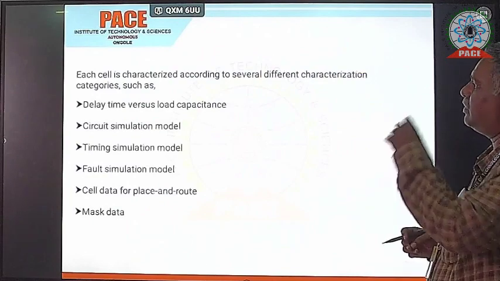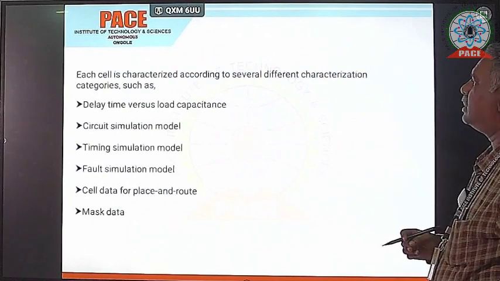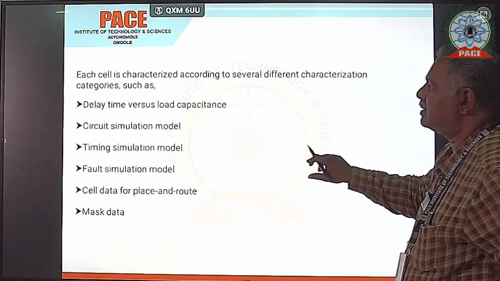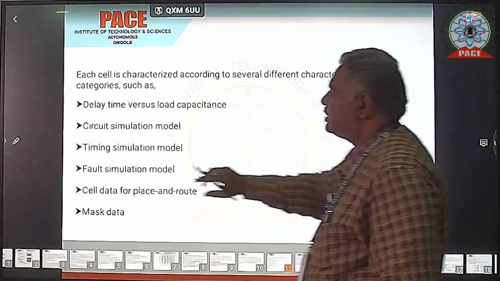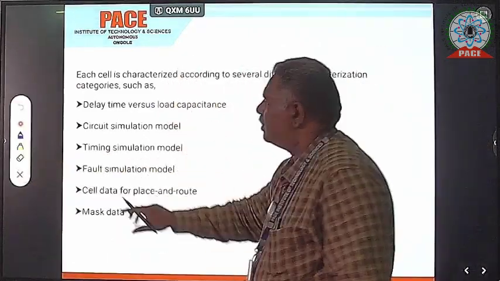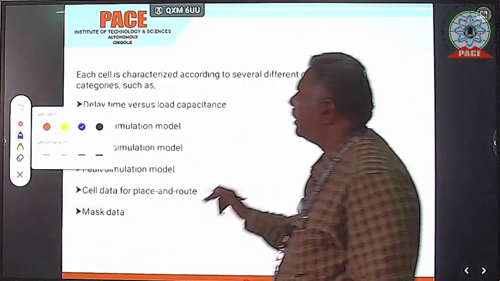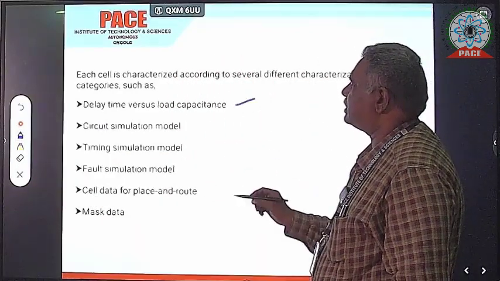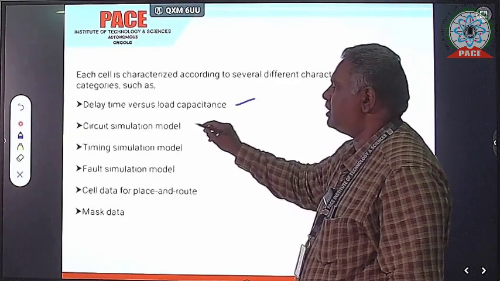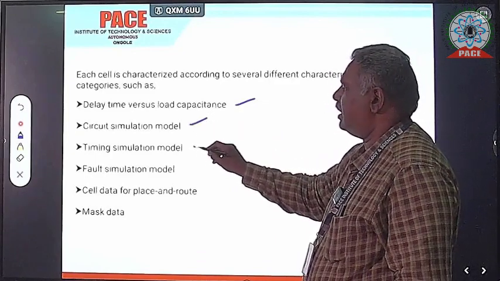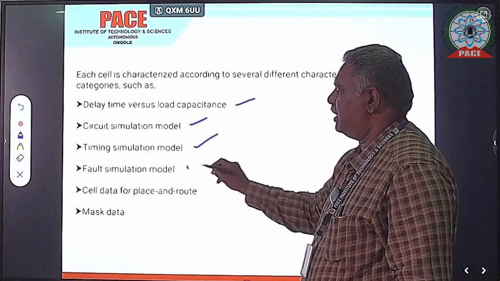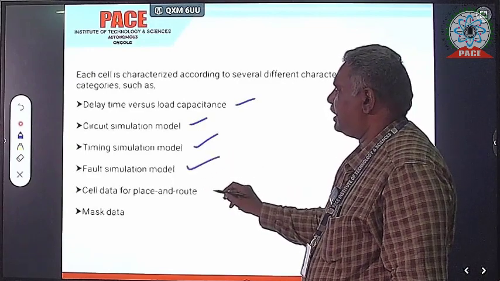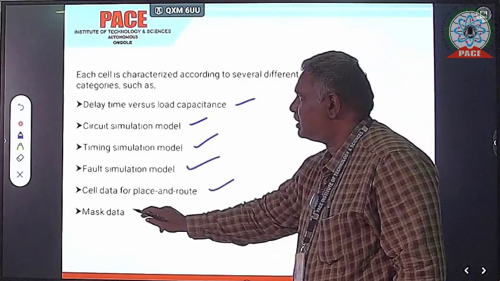So, here we are going to see the several different characterizations, and in this we are going to have delay time versus load capacitance, circuit simulation models, timing simulation models, fault simulation models, cell data, and place and route mask data.